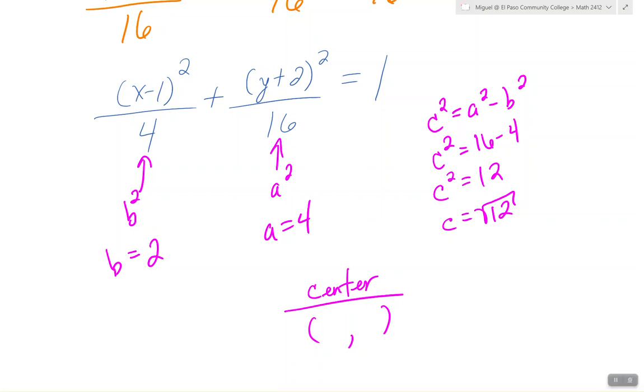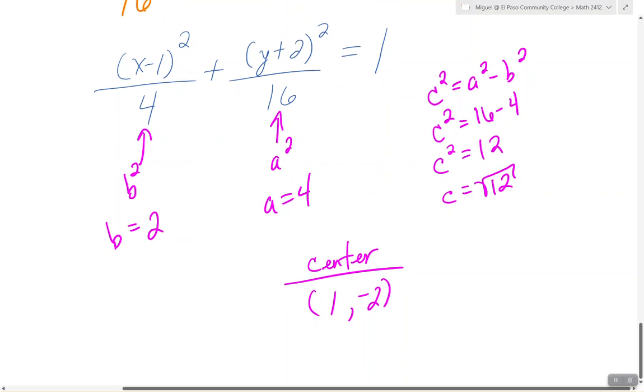Values with our x and y. This will be 1 and negative 2. 1 and negative 2. Good, so that's our H and K.